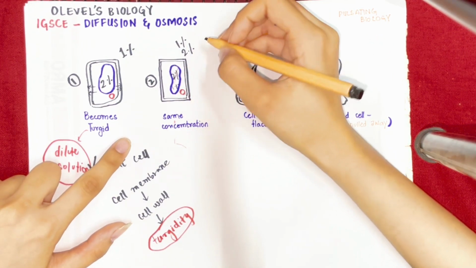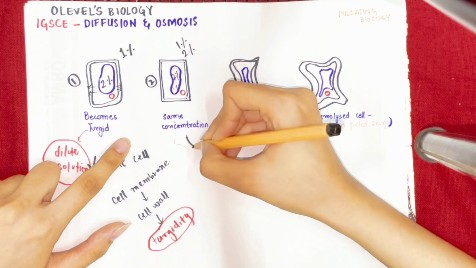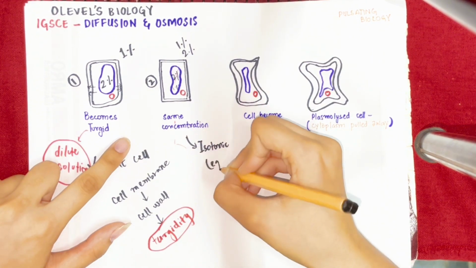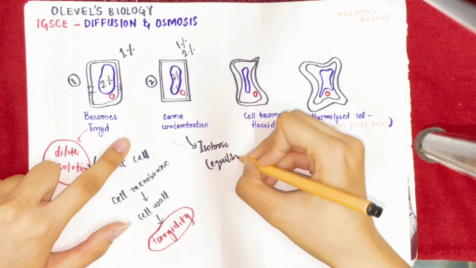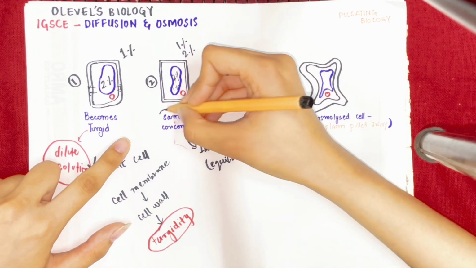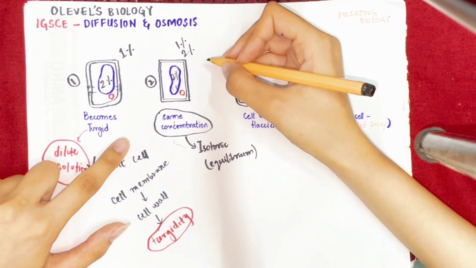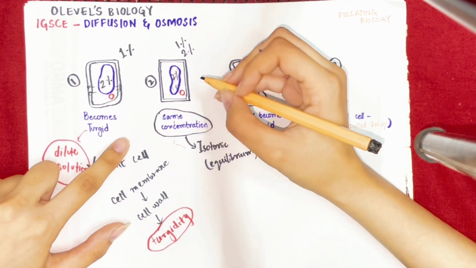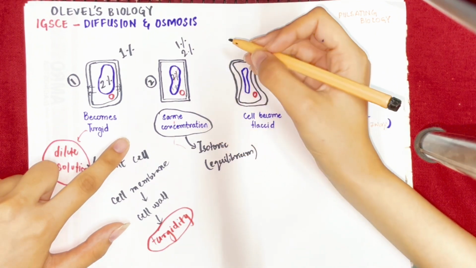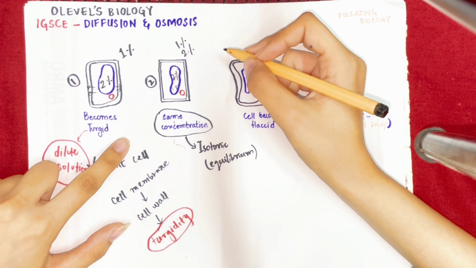In this condition, we say that the cell is placed in an isotonic solution, and thus it is in a state of equilibrium. Equilibrium means that there is no change in the state. The concentration remains the same. This happens when a cell is in the same concentration of solution, so no change takes place in the cell.